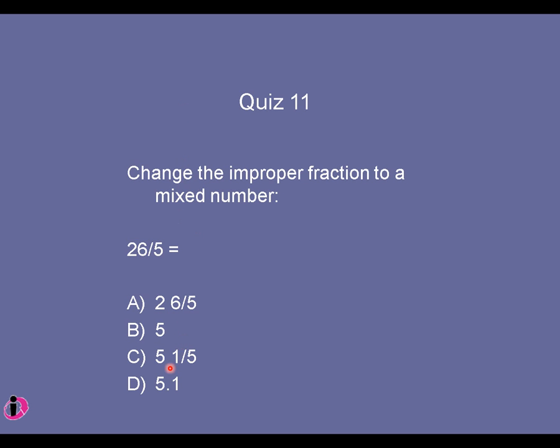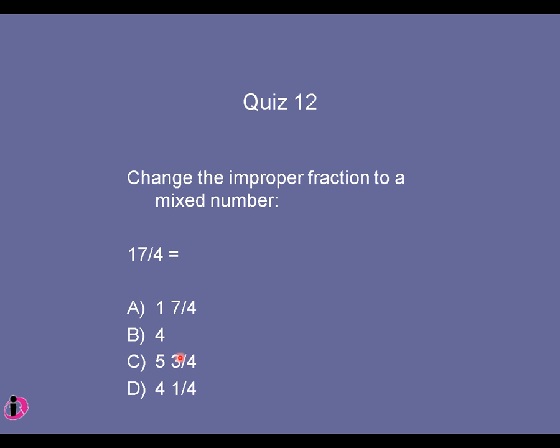So the 5 is going to be your whole number, and the remainder is 1, right? That's going to be your numerator, and the denominator still stays the same, right? How about here, 17 over 4? So the right answer is D.